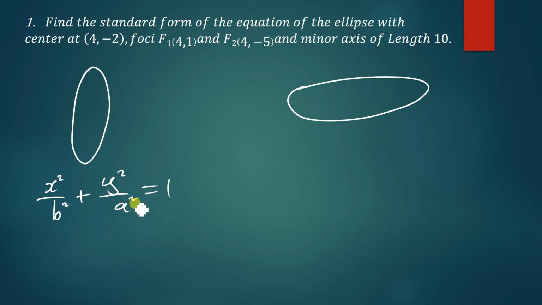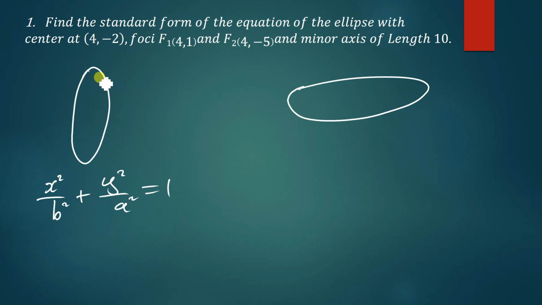So for this one, you take the orientation of the ellipse. You know the orientation of the ellipse by checking the variable that contains the value of a. So if a is under y, you know to say the ellipse is directed along the y or parallel to the y axis.